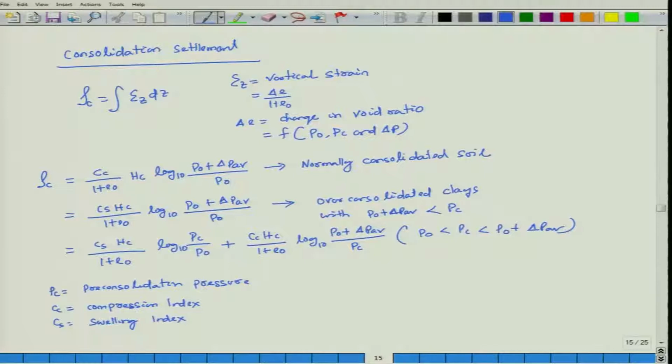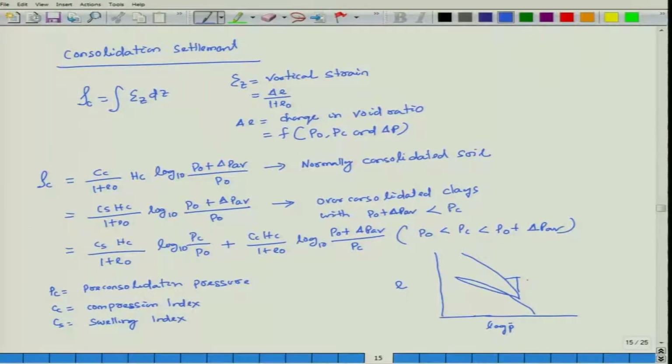Now, if you look at the consolidation theory, e versus log P, for normally consolidated soil it is Cc by 1 plus E0. Cc is the slope of your virgin curve.